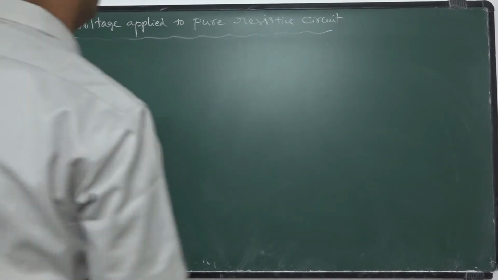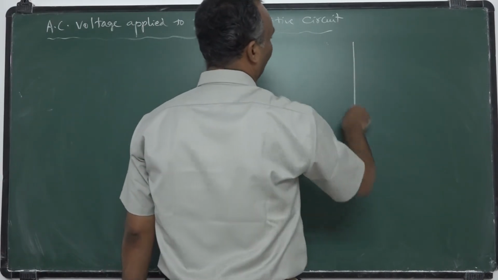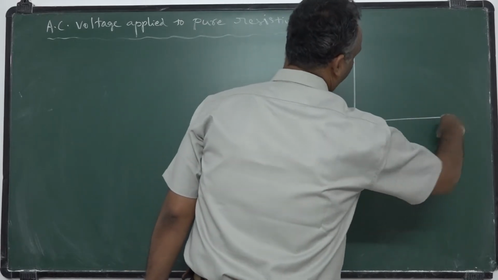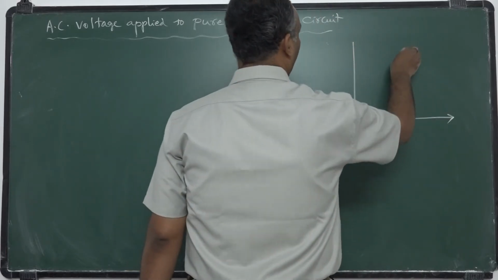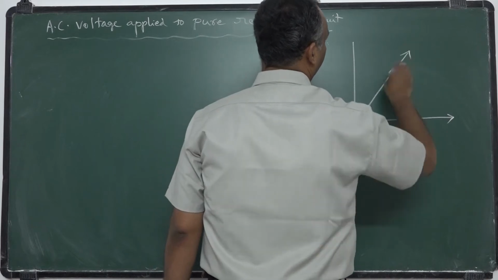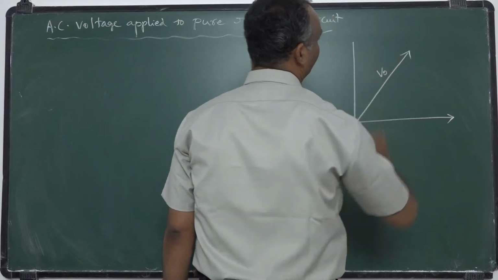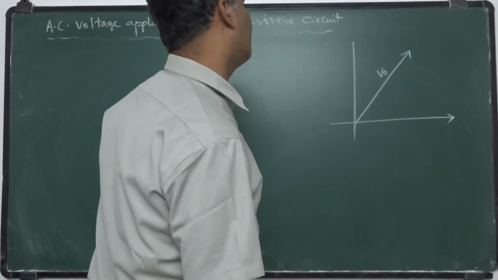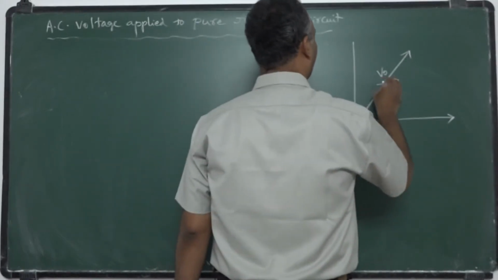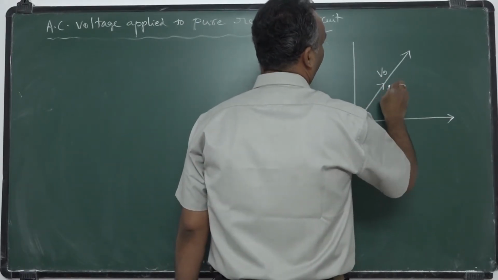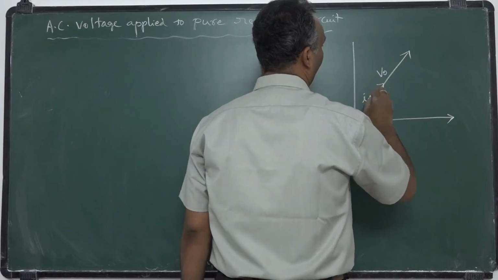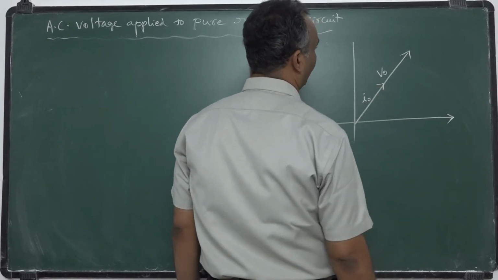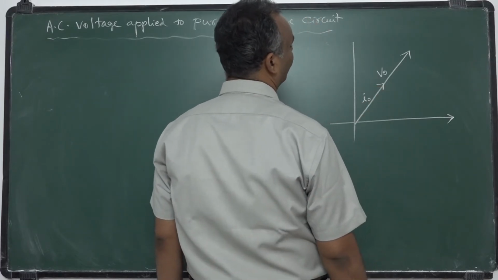In this case, if I take the rotating vector or phasor diagram, initially the peak value of the voltage is represented as a rotating vector. Later I calculated the current. Current has I naught as its value. So I naught value is less than V naught value.